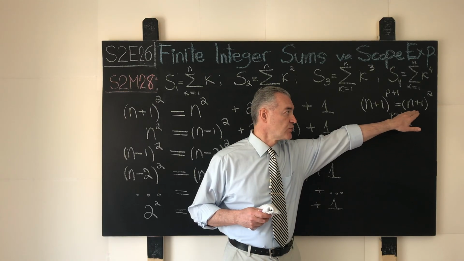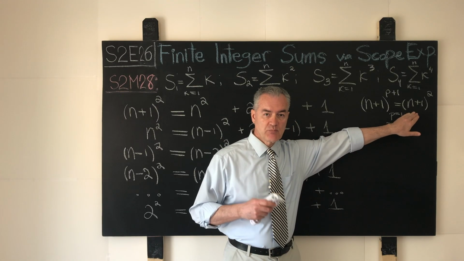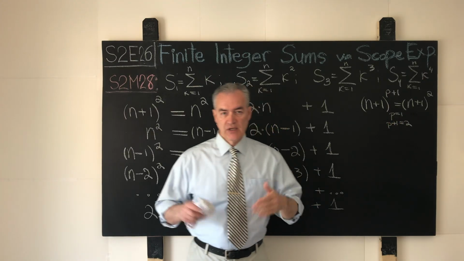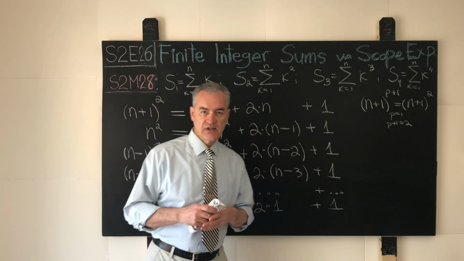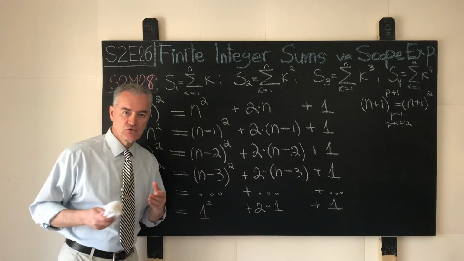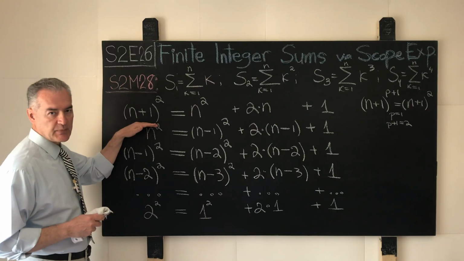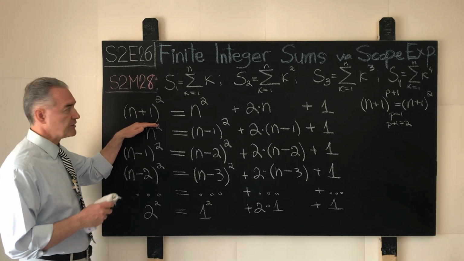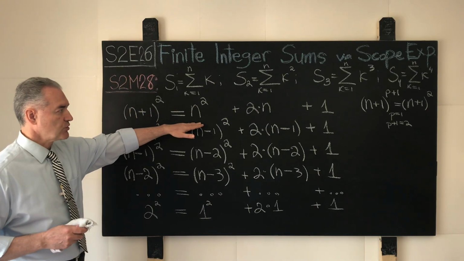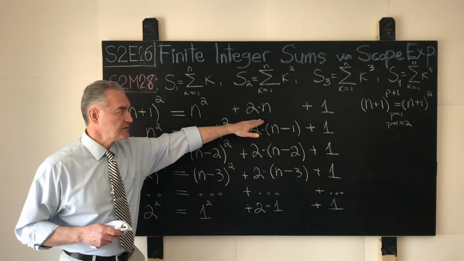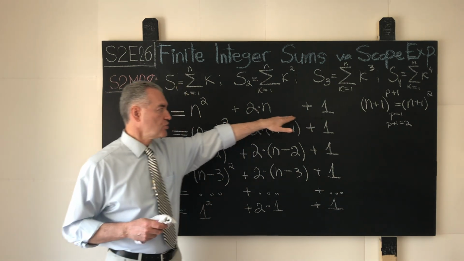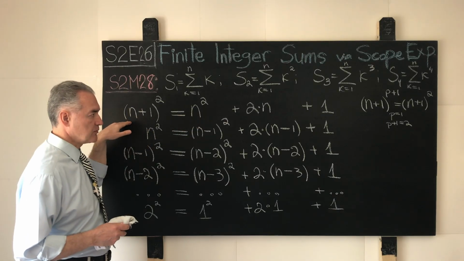For example, n plus 1 squared will be equal to n plus 1 times n plus 1. Collect all the like terms, write the final expression, and voila, you have the binomial expansion required. In our case, the binomial expansion of the expression n plus 1 squared becomes n squared plus 2n plus 1, shown at the very top of this table over here.